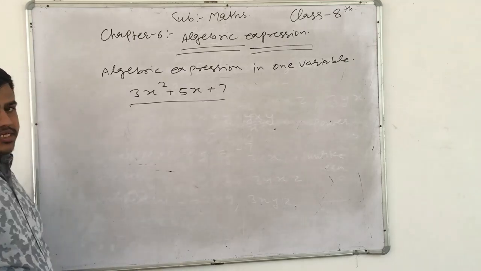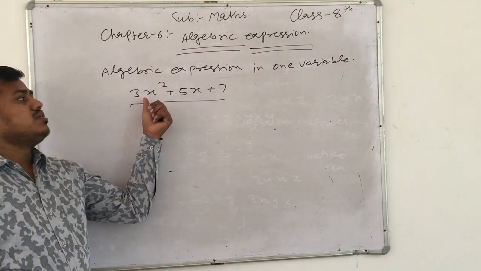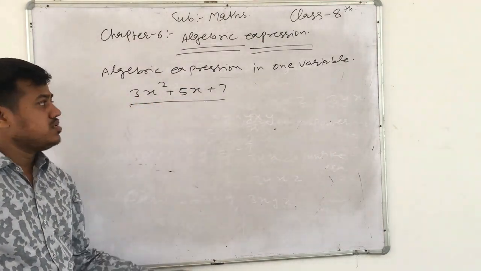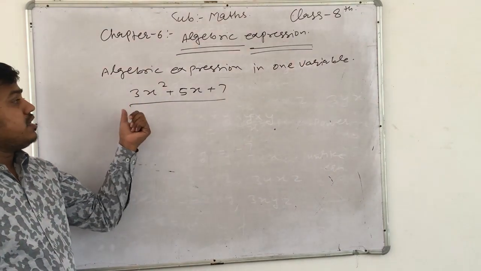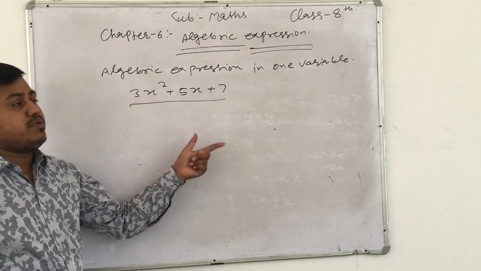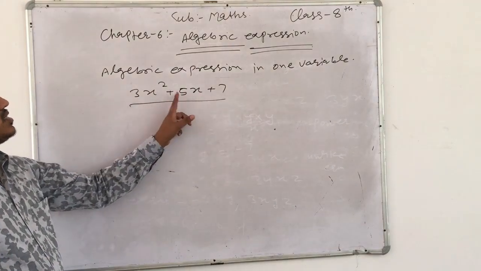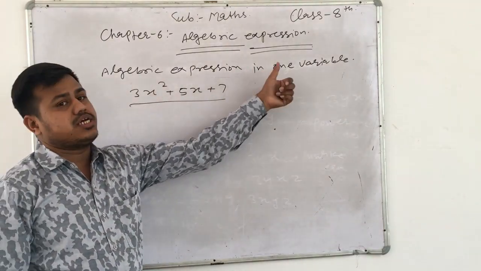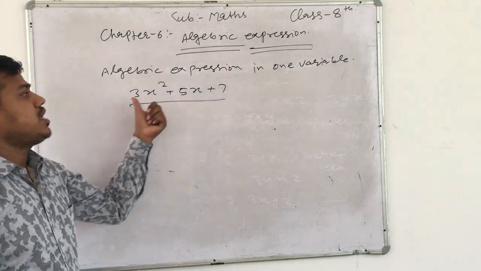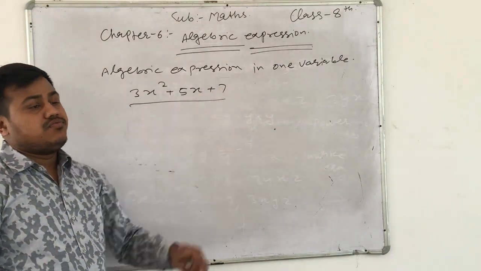This is an algebraic expression, yes or no? Because variable and constant are present. In this only one variable is present, that is x. So this is known as an algebraic expression in one variable. These types of expressions are in one variable.